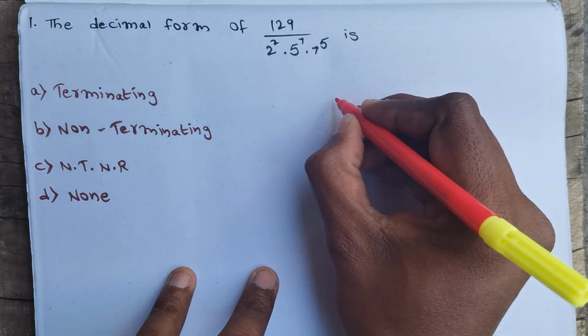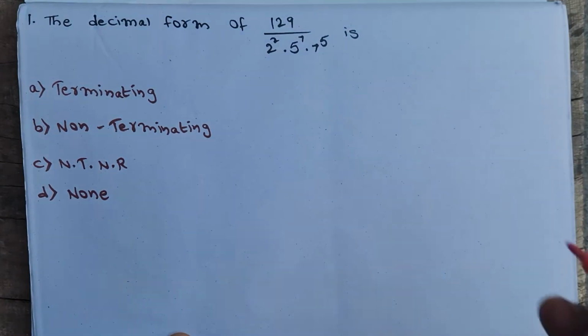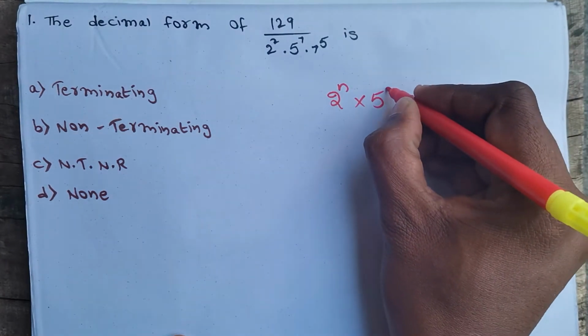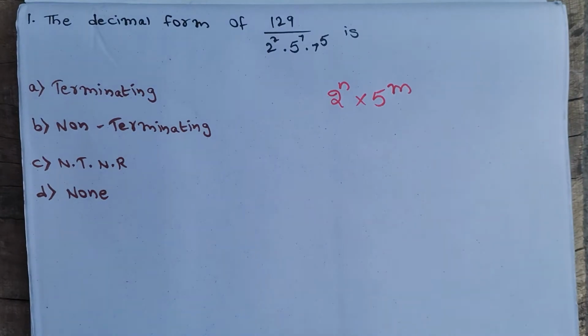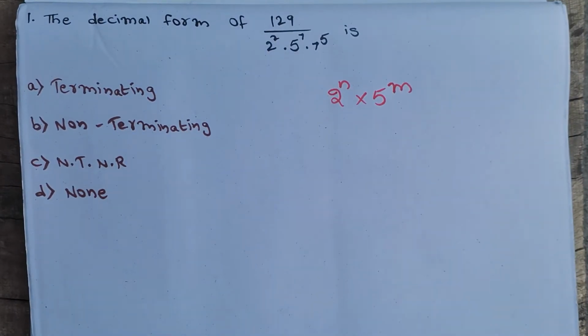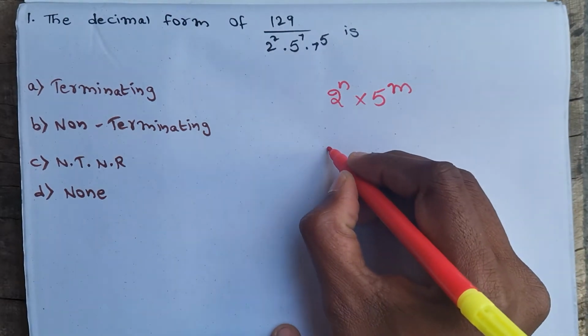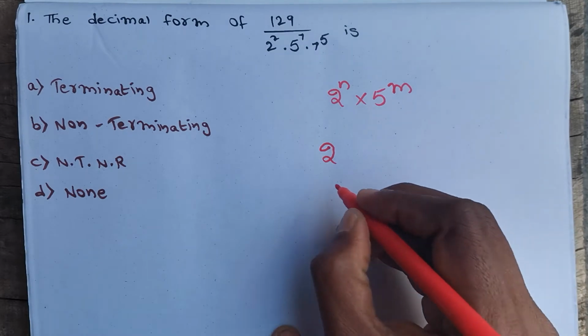If the denominator is in the form of 2 power n into 5 power m, then it is a terminating decimal. Otherwise, non-terminating repeating.